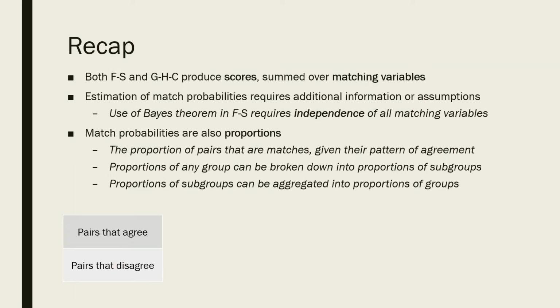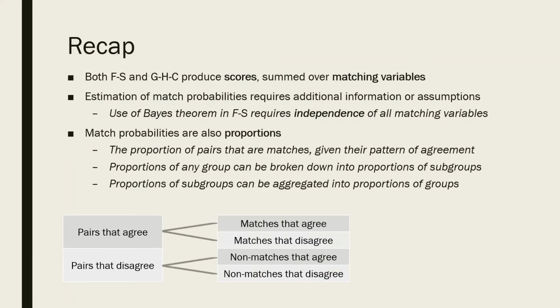So, for example, the proportion of pairs that we observe agreement in can be broken up into the proportions of matches that we observe agreement in and the proportions of non-matches that we observe agreement in, although these are things that we can't observe directly.